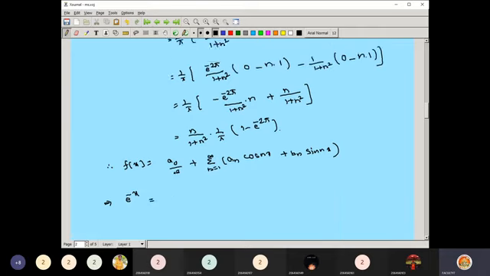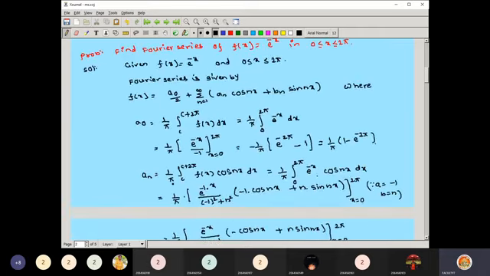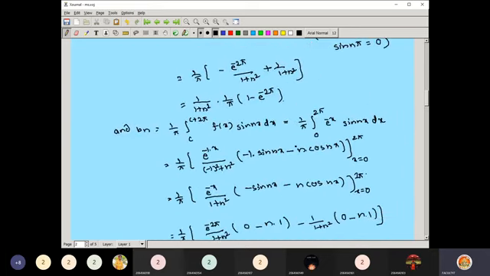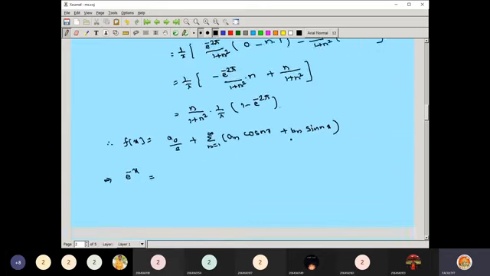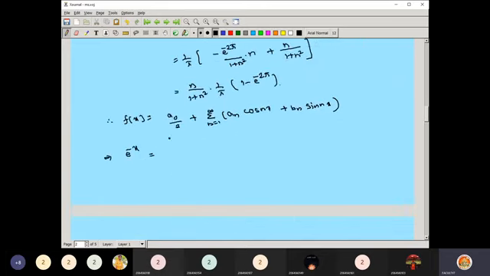A0, what is the value you calculated? That a0 value is 1 by pi into 1 minus e power minus 2 pi. That value you are substituting. So 1 by 2, a constant, into a0 value 1 by pi into 1 minus e power minus 2 pi, only a0.